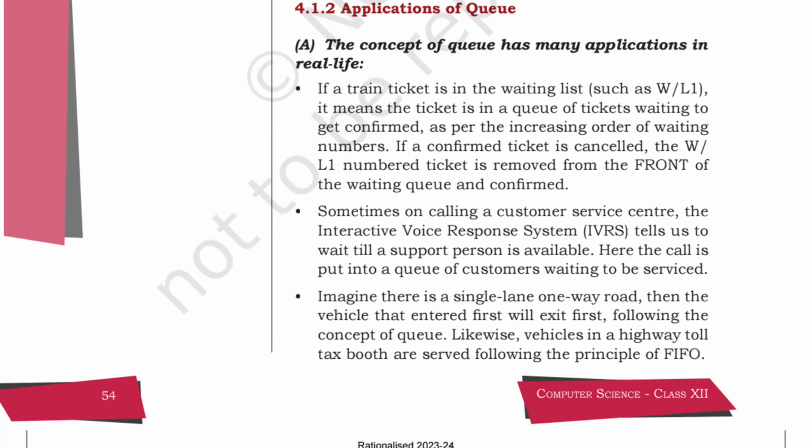Sometimes on calling a customer service center, the interactive voice response system tells us to wait till a support person is available. Here the call is put into a queue of customers waiting to be serviced.